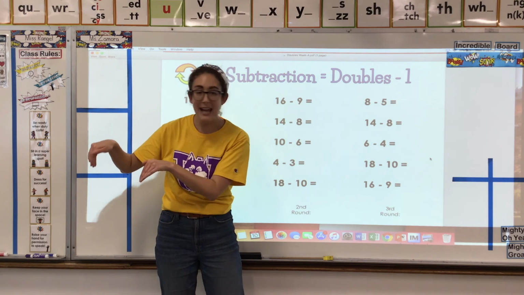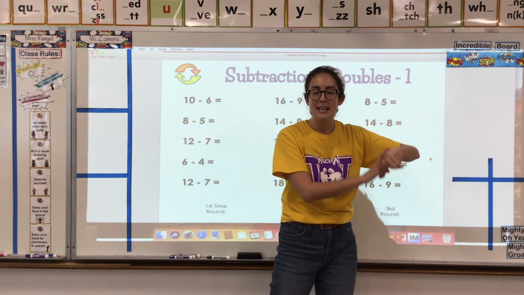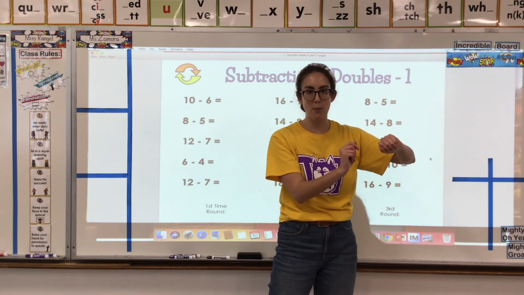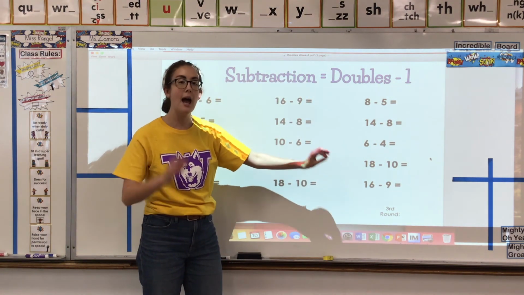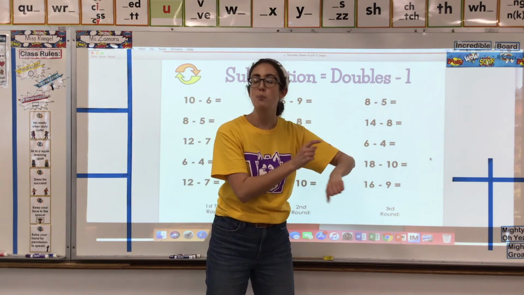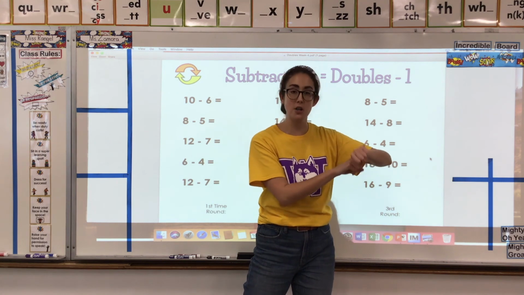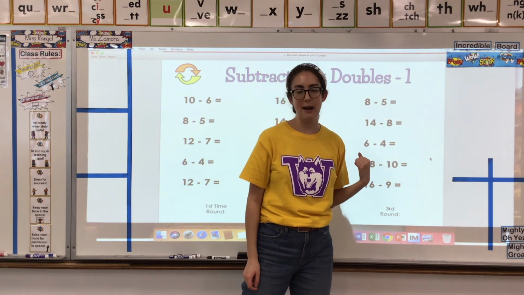But if you're already accurate, then you're going to test yourself on your time. See how quick you can solve the problems. See if you can solve this entire sheet accurately, faster and faster every time. But you're only going to test yourself on your time if you can already get all of these facts correctly.